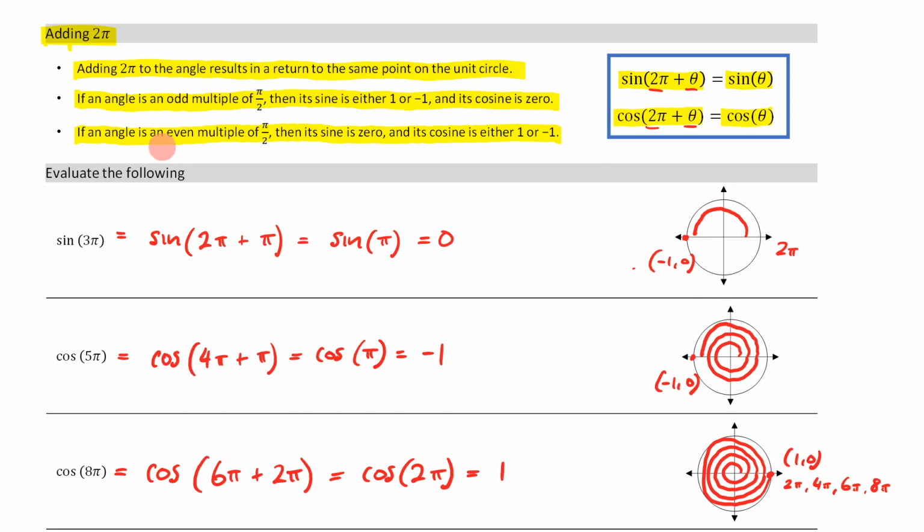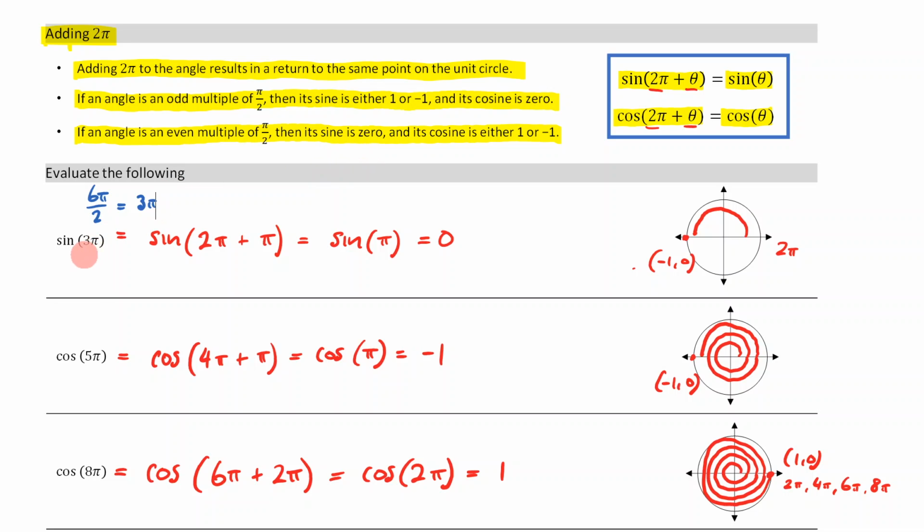If an angle is an even multiple, you might say, well, what about this? Well, this is 6 pi on 2, which is the same as 3 pi. So 6 is an even number, so this is an even multiple. And as it says, then the sine is 0.